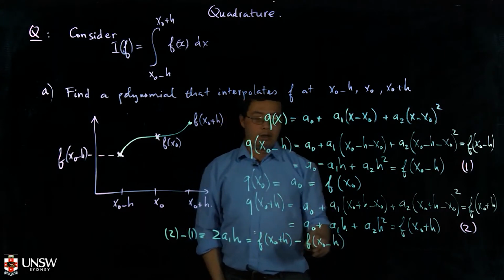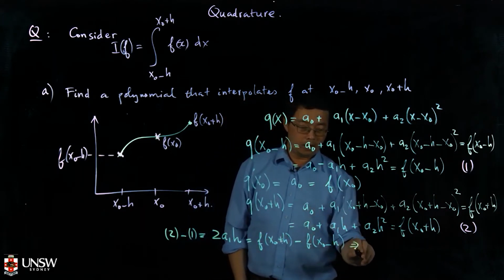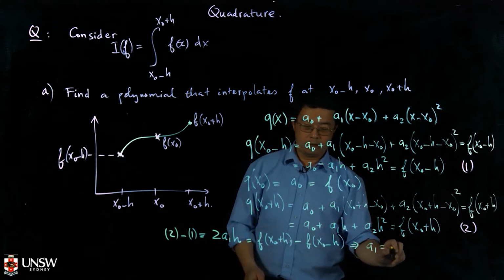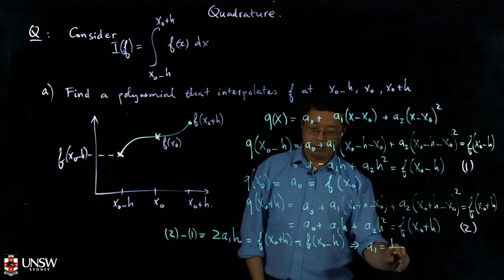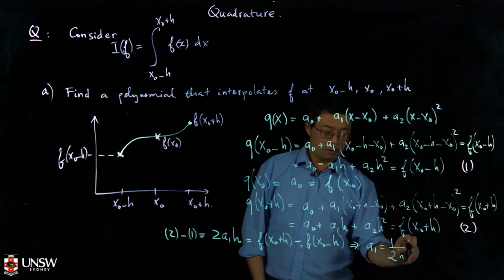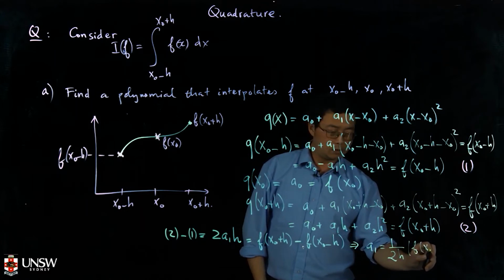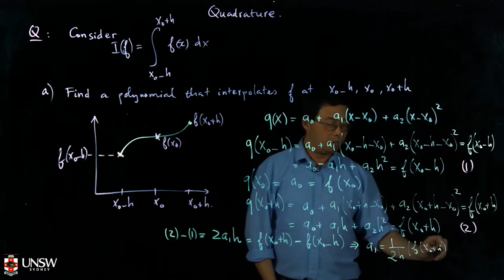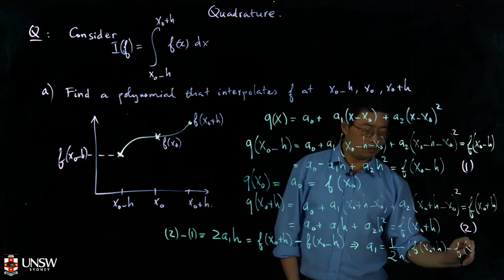And so a1 is just 1/(2h) times f(x0 plus h) minus f(x0 minus h).